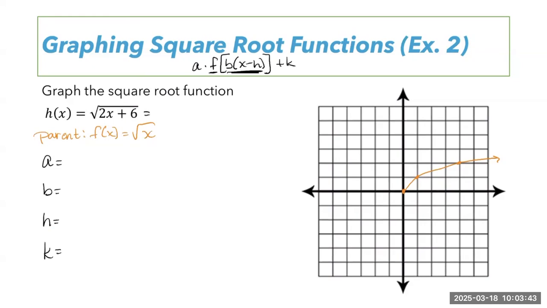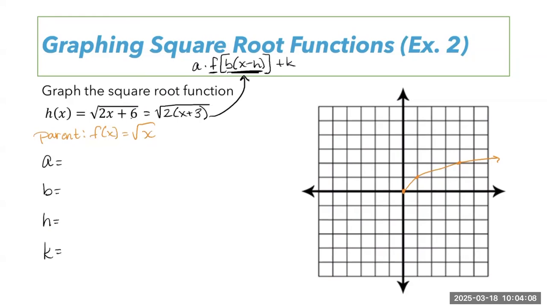So I need to rewrite my square root of 2x plus 6 to be the square root of 2 times x plus 3. Now it matches the form that we need to be in. Now I can identify what my values are.